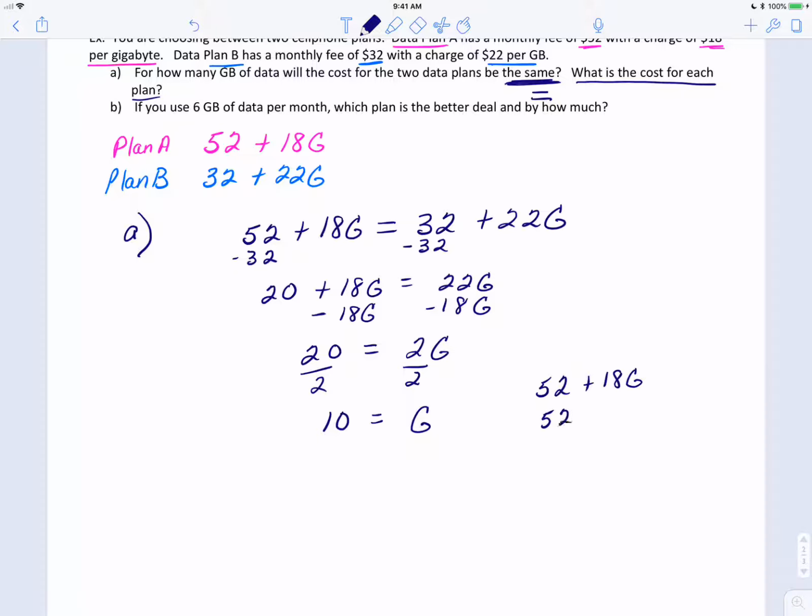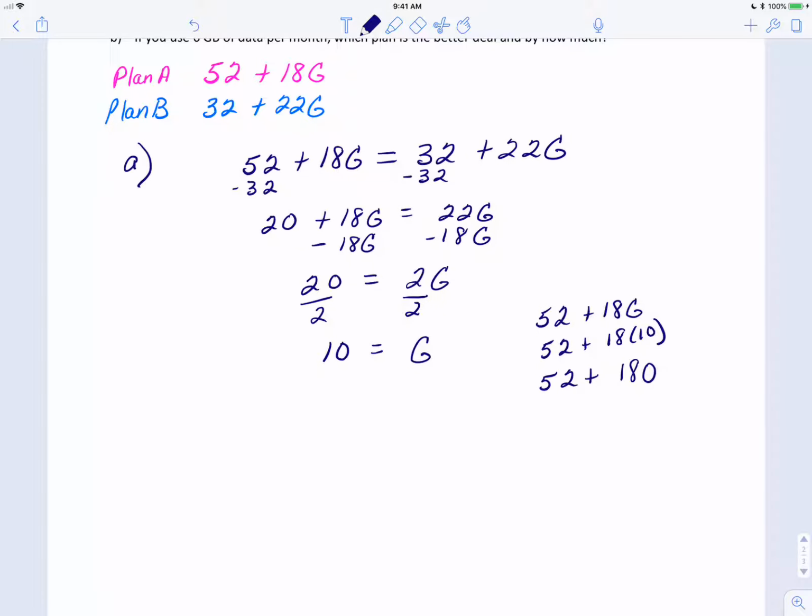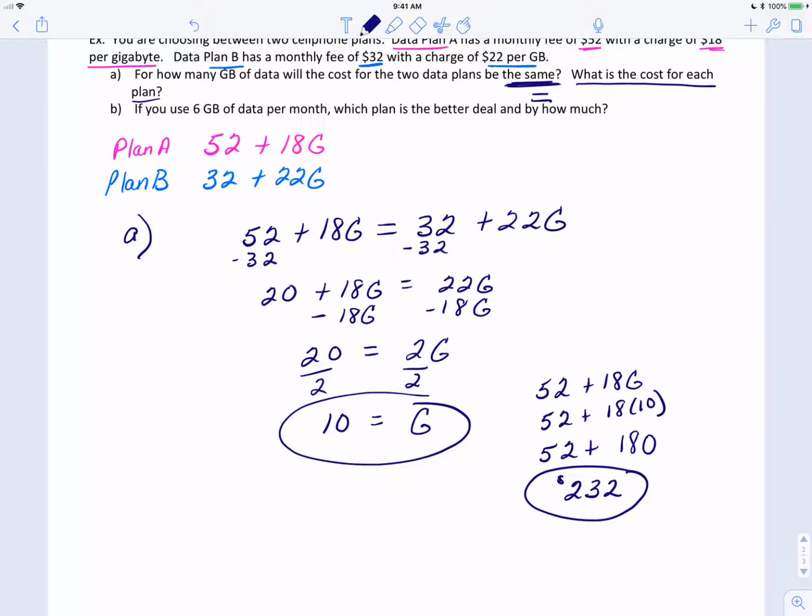Well, 52 plus 18 times 10, because we know G is 10, that gives us 52 plus 180. 18 times 10. Well, 52 plus 180 ends up being $232. And so that's the cost. So at 10 Gs, and if I took the other equation, that same cost would be 232.